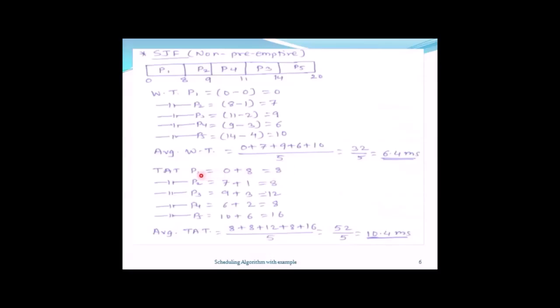So accordingly, turnaround time of process P1 is 8, P2 is 8, P3 is 12, P4 is 8 and P5 is 16. We take the average of these turnaround times and the answer is 10.4 milliseconds for average turnaround time.